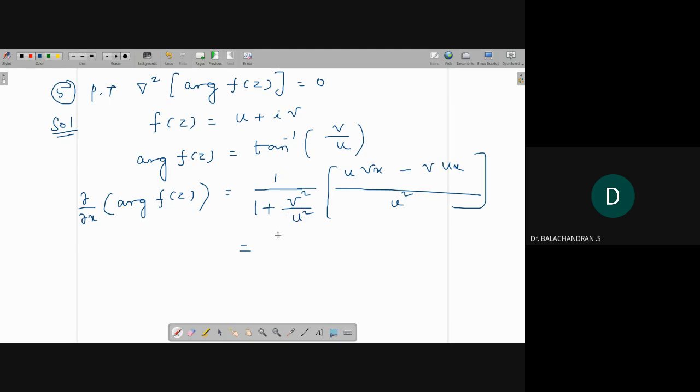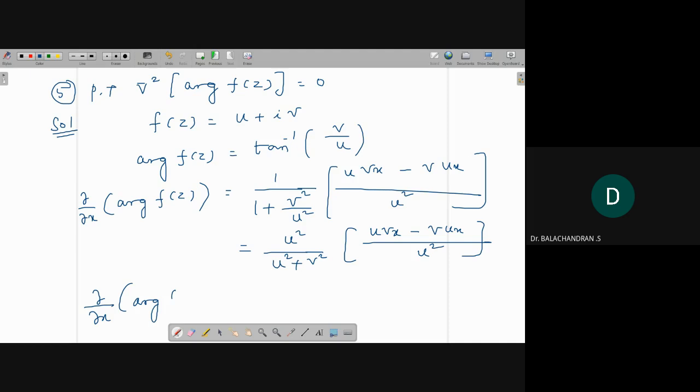This u square is going to numerator. So u square divided by u square plus v square into u vx minus v ux divided by u square. So u square gets cancelled. So dou by dou x of argument of f of z equal to u vx minus v ux divided by u square plus v square. So this is equation 1.